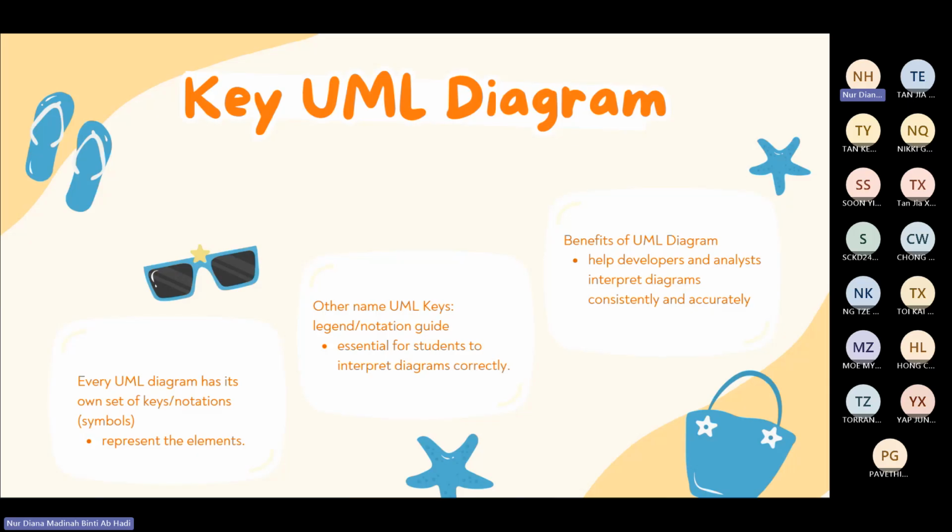What happens if your notation or your symbols are not standardized? Will everyone understand? No. It will become a miscommunication because different people have different perspectives. For example, I said, Jia En said, I love to use a flower shape to represent process.